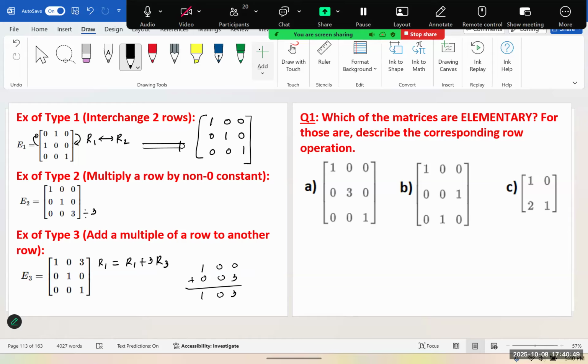If they are, then what type of row operation was applied? And if they are not, then why not? I have 3 more on the next page. So once you're done thinking about this, let me know. I'll change my slide.